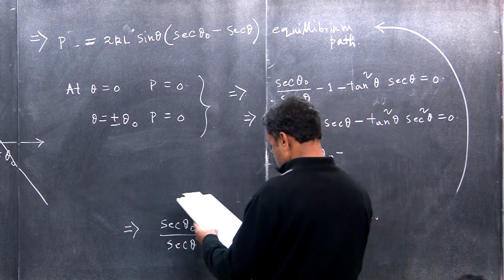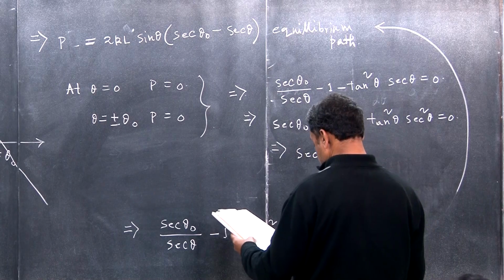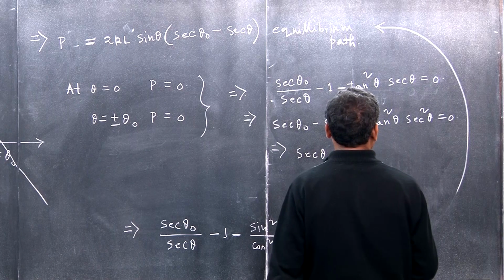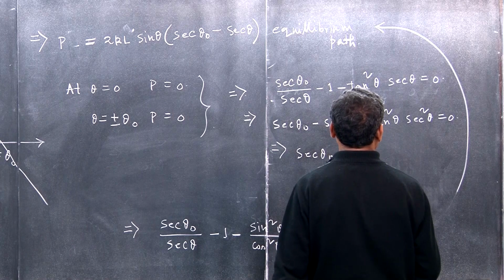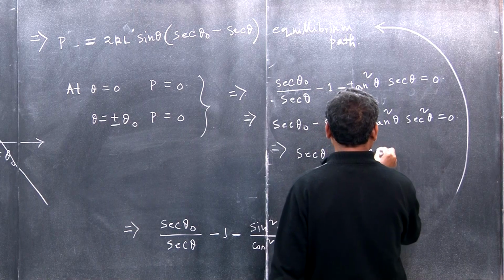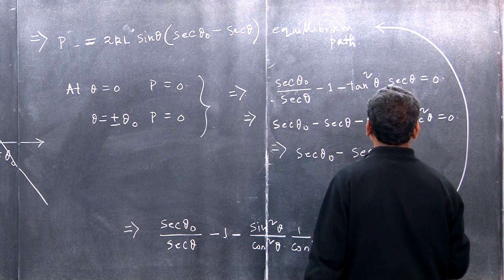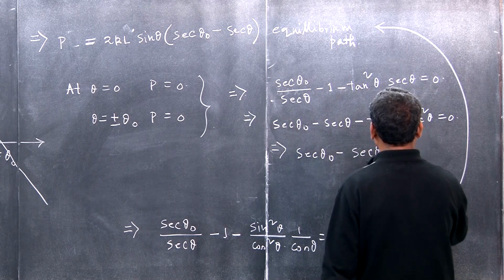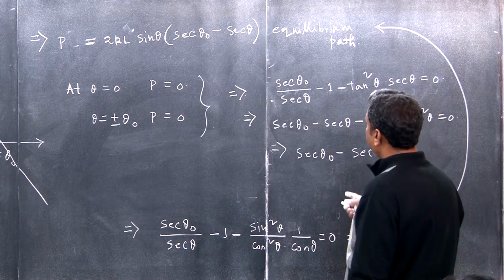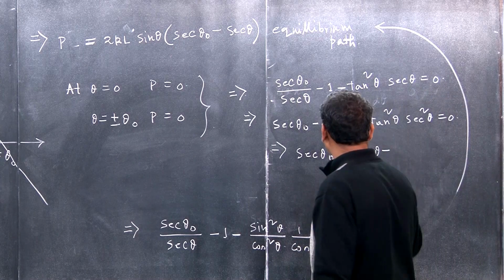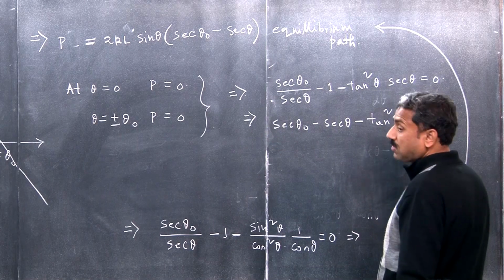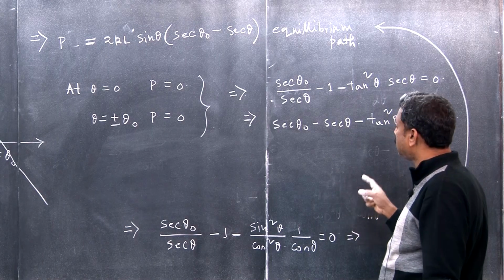Okay, so it should come as cos cube theta minus 1 plus tan square theta, sec square theta, so sec theta minus tan square theta means, please check the calculation. I think I missed, this must be sec square theta. So 1 plus tan square theta will be 1. Okay. 1 plus sec square theta is equal to 1 plus tan square theta.